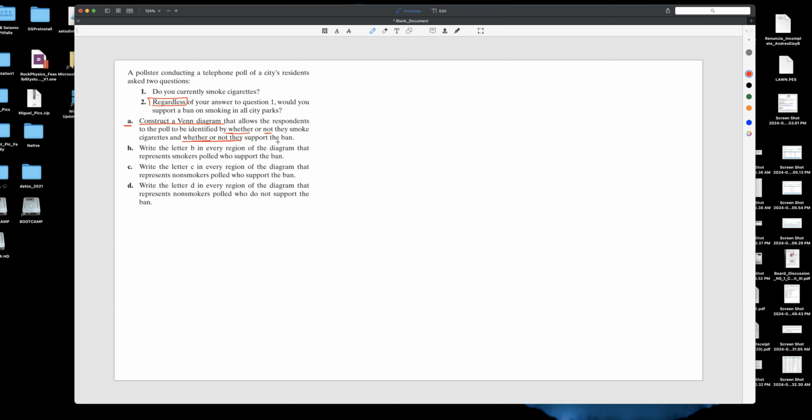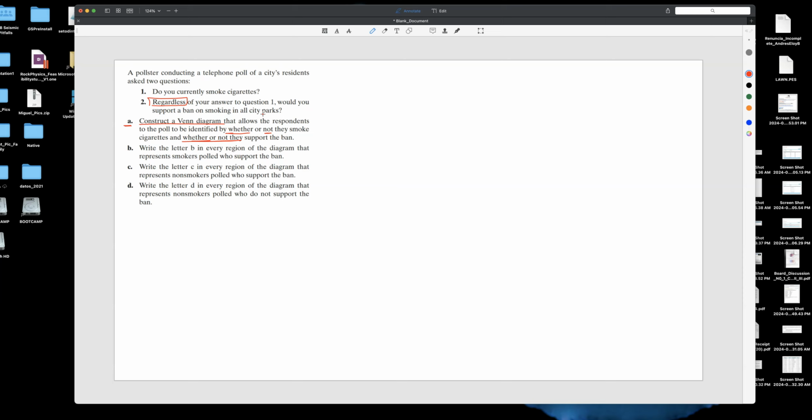One set will represent people that actually smoke cigarettes, and the other set will represent people that are willing to support a ban on smoking in all city parks.